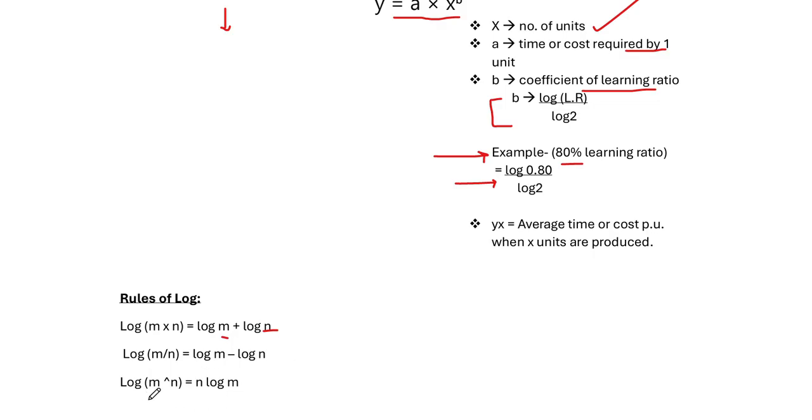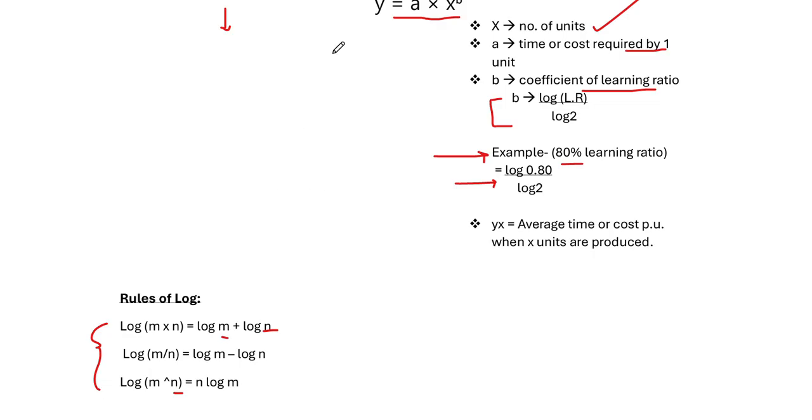Next is log m to the power n, which is n log m. That means when a number has a power, the power comes in front. Simply, power becomes multiplication in logs. So, these three golden rules are to be maintained in the learning curve.